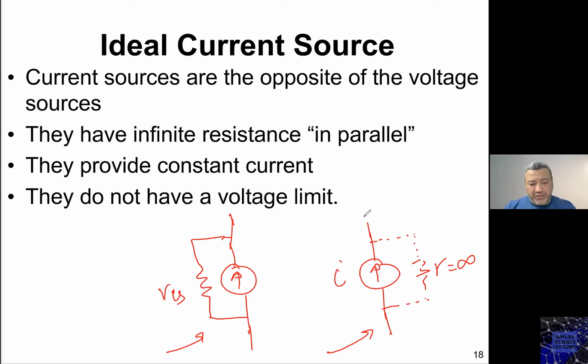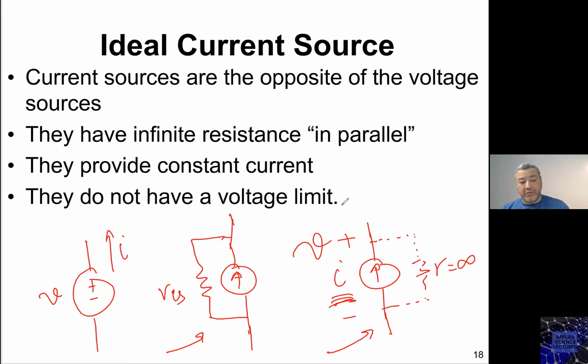Any other questions? For the voltage source, we said that the voltage is constant, and the current can take any value based on the circuit that I hooked it up to. For the current source, the current is constant and the voltage can take any value.